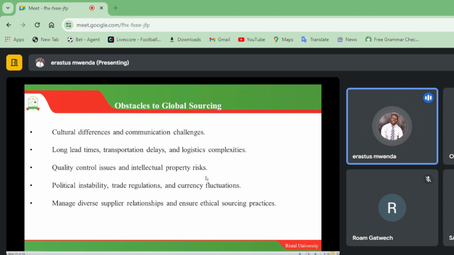Quality control issues and intellectual property risks, political instability, trade regulations, and also managing diverse supplier relationships to ensure ethical sourcing practices. So these are statements that have been clarified, but it is good that we are having them here again as now specific obstacles. You can link this slide to the slide on types of risks, because those are also obstacles.